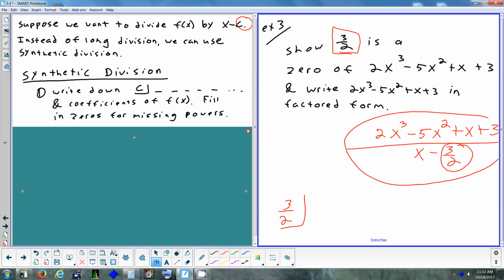Now fill in all your coefficients, and put zeros for anything we're missing. Brandon, am I missing anything in my numerator for terms? No, I've got the cube, the squared, the linear, the constant. So 2, -5, what number is in front of x? 1. Yep, 2, -5, 1, 3.